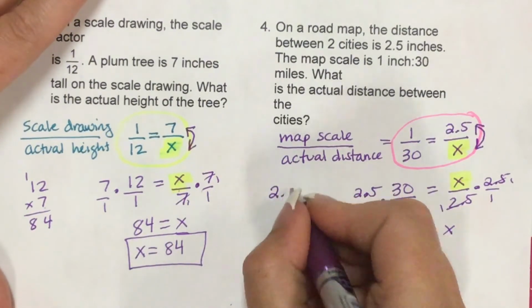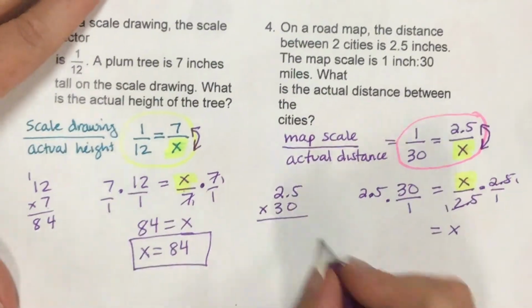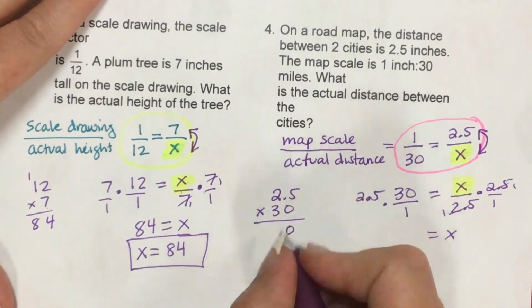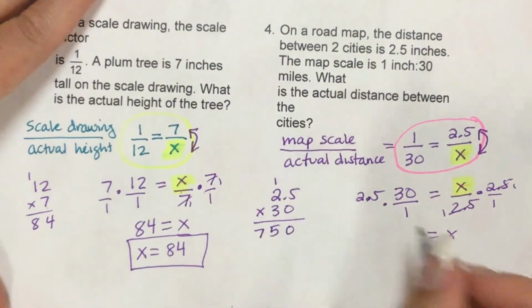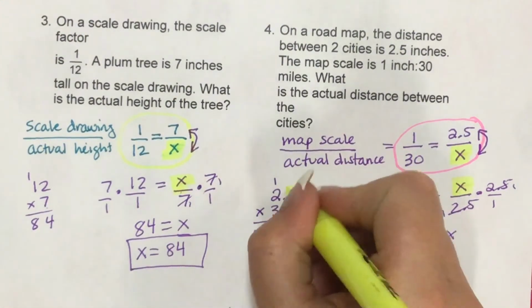So I'm going to go 2.5 times 30 here. 0 times all that is just 0. So I'm going to start here. 3 times 5 is 15. Write the 5, carry the 1. 3 times 2 is 6, plus 1 is 7. I'm multiplying decimals, so I have to have the same number of decimal places.